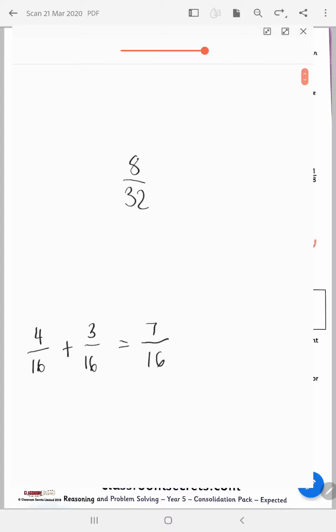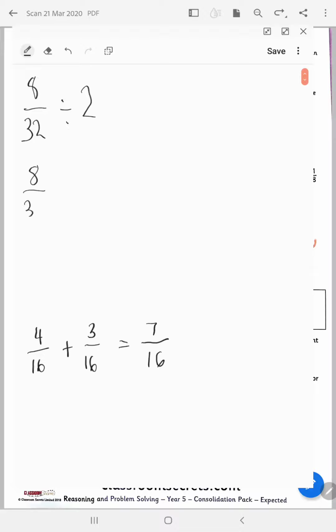Well, we know half is the same as dividing by 2. So let's pop that up there and look at how we can divide by 2. Let's turn our whole number into an improper fraction. So 2/1 shows you that it's an improper fraction representing 2 whole.